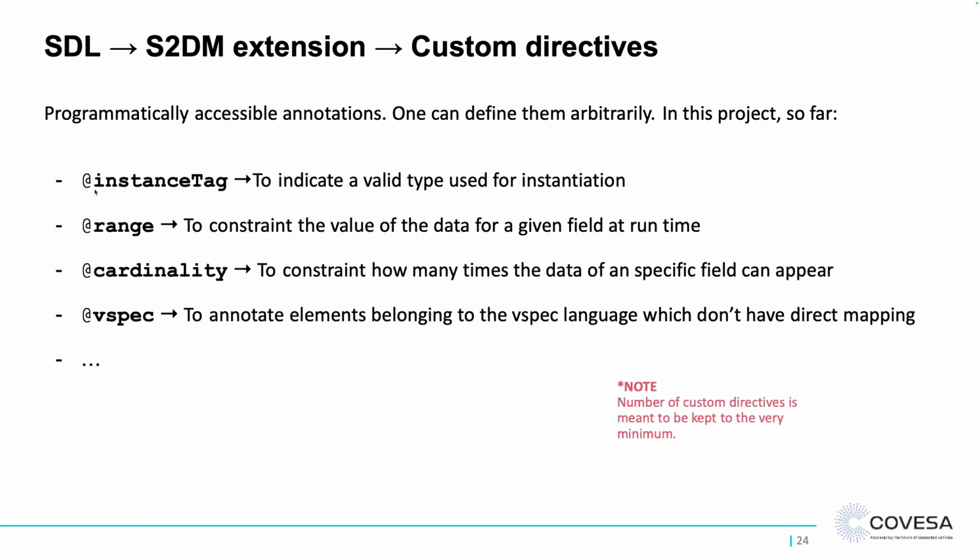You don't need to touch tooling there. Basically, you define it in the GraphQL itself, and they are accessible. And then the S2DM tool knows these. So all of these are constraints-based annotations. Yes. And we want to limit them as much as possible so that we don't have to build custom tooling around the schema of what we define inside those custom annotations.